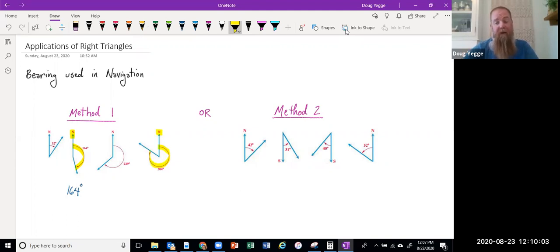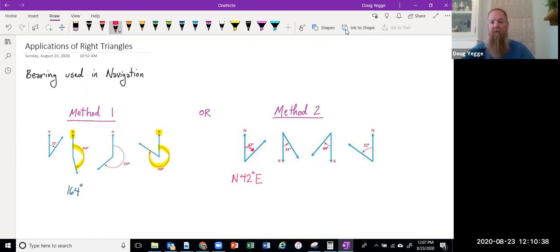Now, the second method is used if you just want to describe an acute angle. The way we do that is we always point on either a north or a south line. So for this one, we're going to start by pointing north and turn 42 degrees in this direction, which is towards the east.